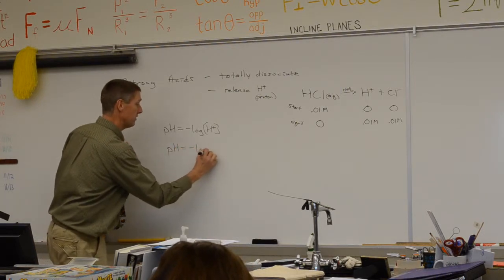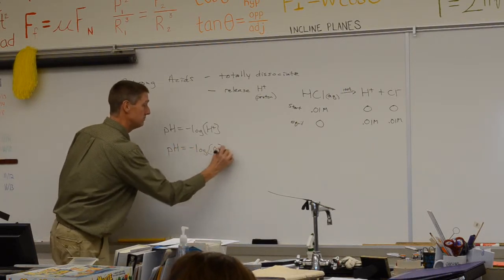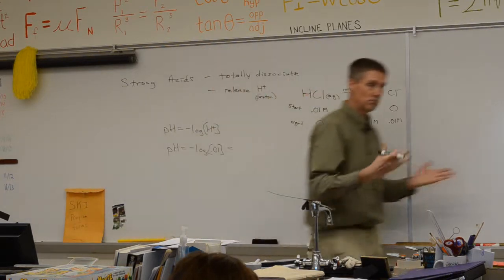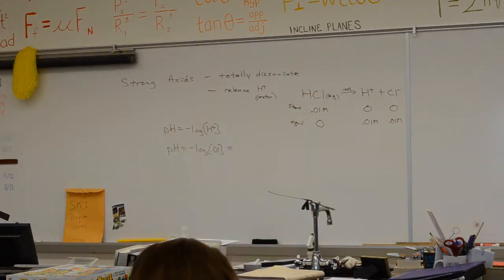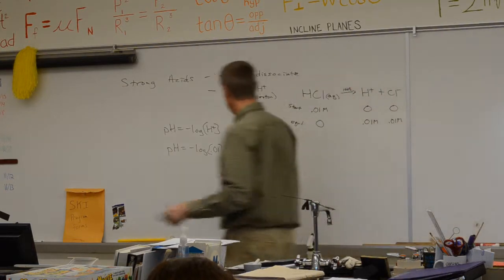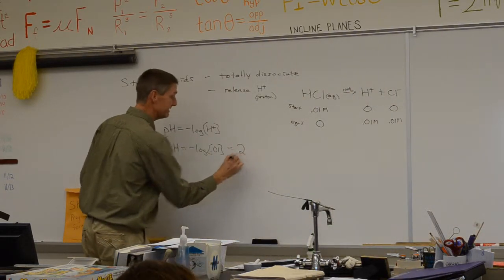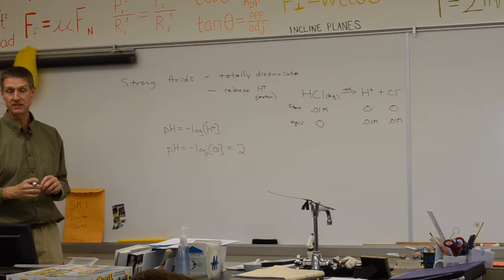pH is equal to negative log of 0.01. And so most graphing calculators work the same way, and that is, all we have to do is type in negative, not minus of course, but negative log 0.01 and hit enter. And it tells us what the pH is. And you might remember that this is 2 without having to punch it in.